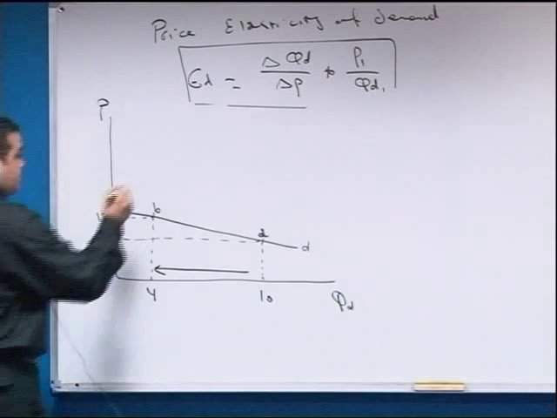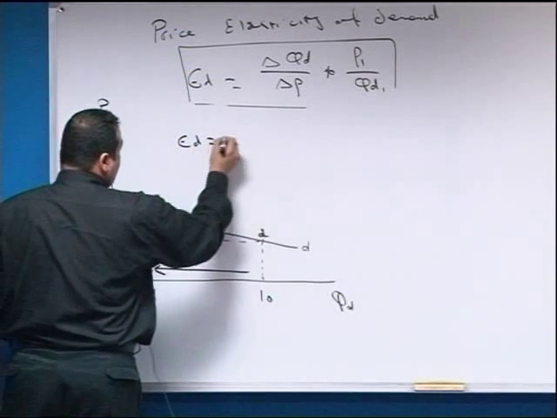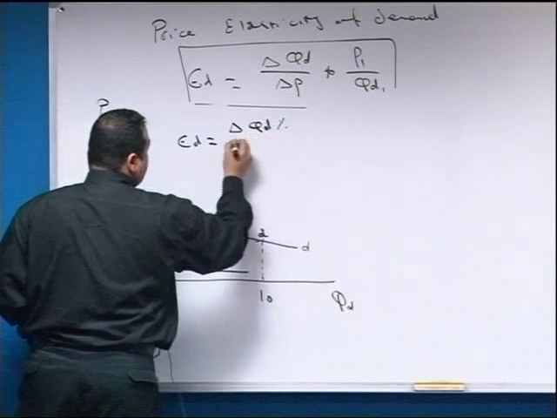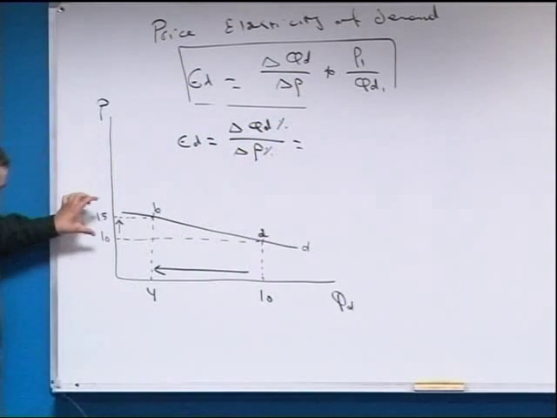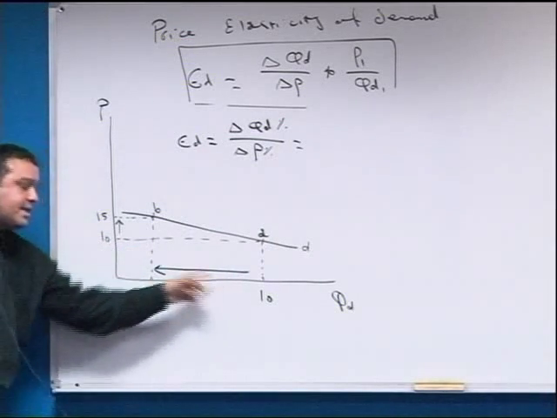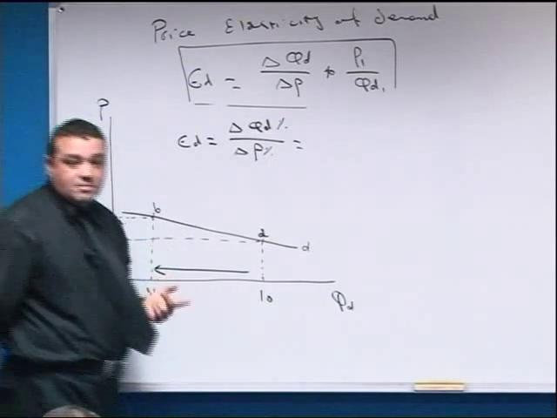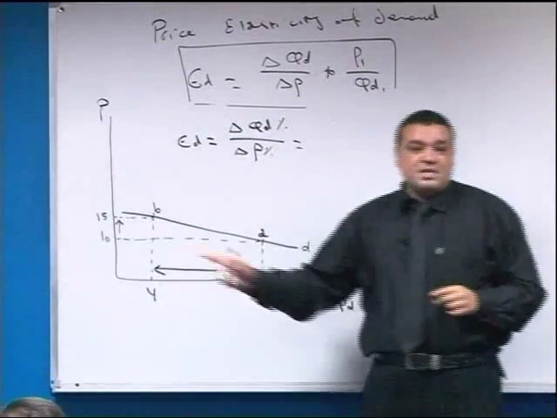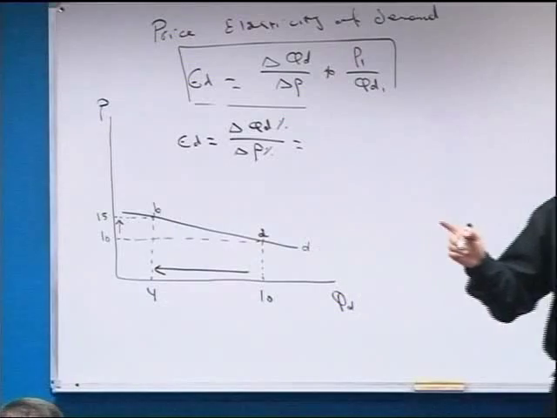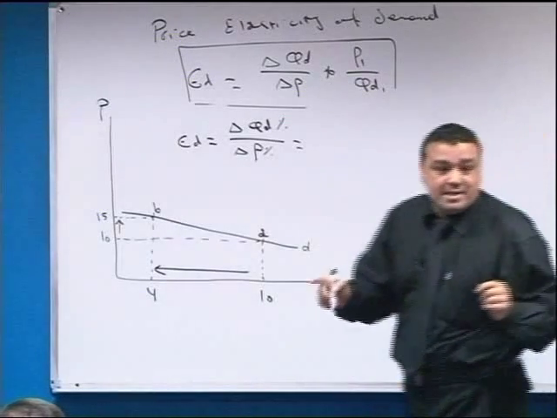So ED equals percent delta QD over percent delta P. The reduction in the quantity demanded is 60%. Right? From 10 to 4, there is a reduction by 60%.